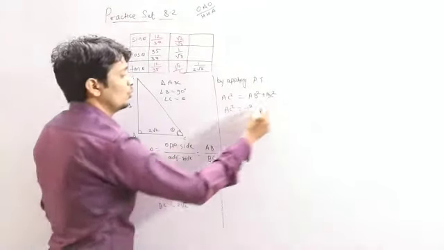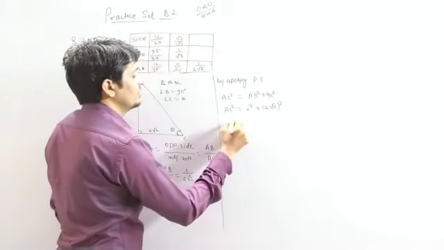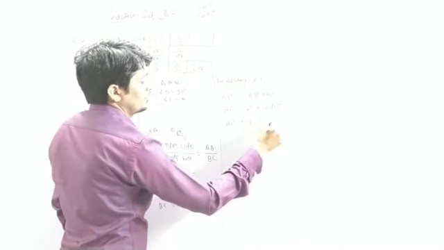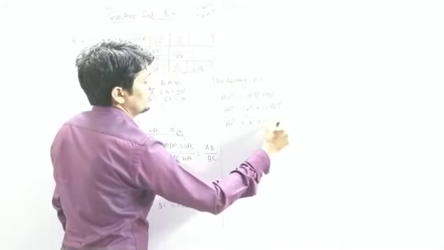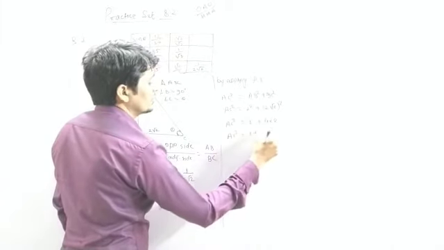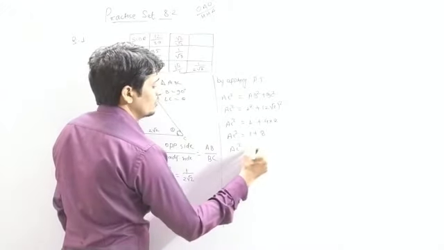It is 2 root 2. So 2 root 2 square. So AC square equals to square of 1 is 1 plus square of 2 is 4 into square of root 2 is 2. So AC square equals to 1 plus 4 2s are 8. So AC square equals to 9.